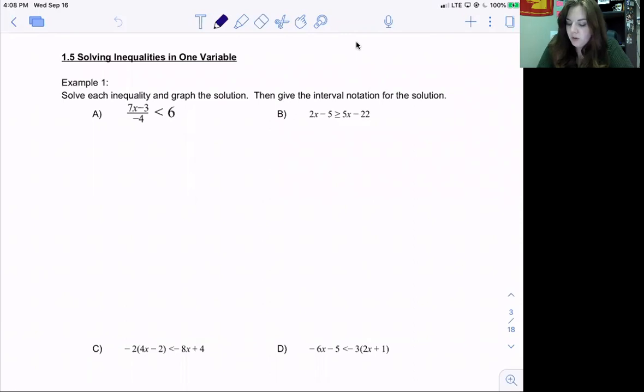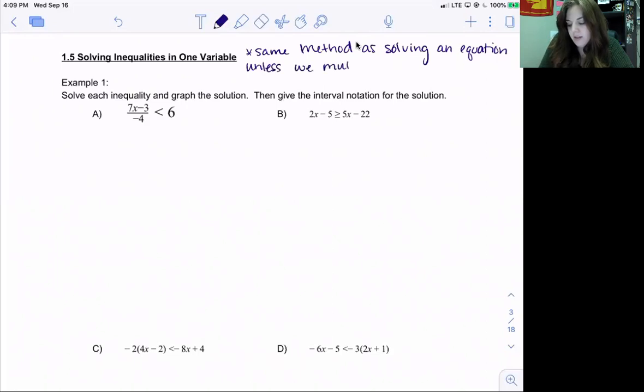So remember, whenever we're solving an inequality, this is going to be the same method as solving an equation, unless we multiply or divide by a negative. Then we must flip the inequality sign.